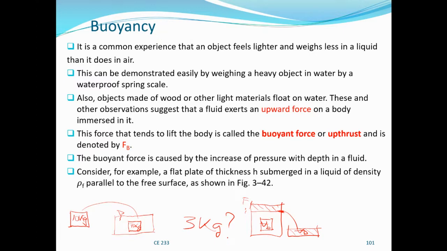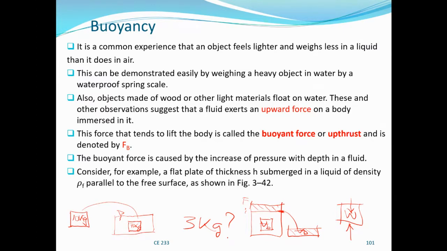When you immerse any object in water, there's a vertical force acting on that body, which is like supporting it, trying to push it up. You have weight W acting vertically downward, and then you have another force in the opposite direction acting vertically up, trying to push it up.